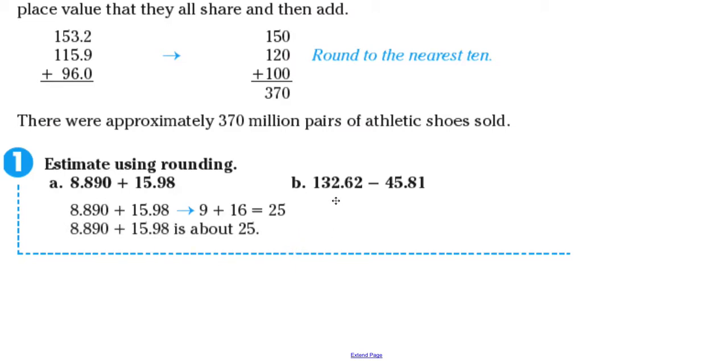In letter B, 132.62 minus 45.81, we want to round it to the greatest place value position both numbers share.